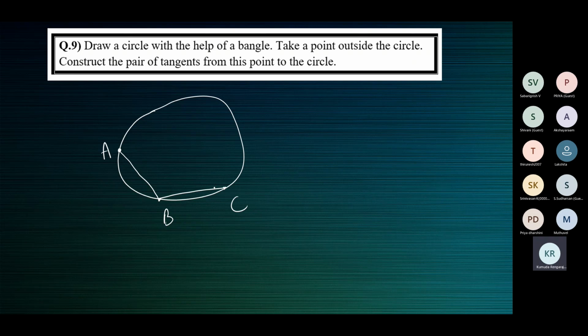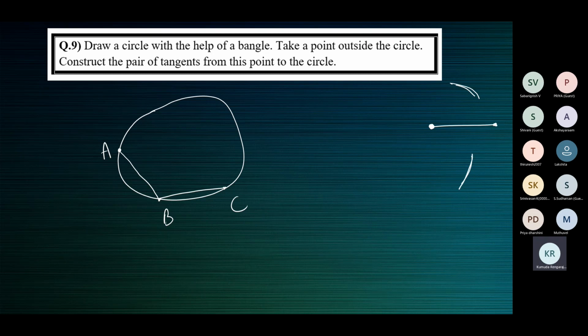Now what are we going to do next? We are going to construct the perpendicular bisectors of the 2 chords. When you have a line segment, you put your compass tip at one endpoint and then the other, and using a convenient radius, you draw an arc above and below the line.